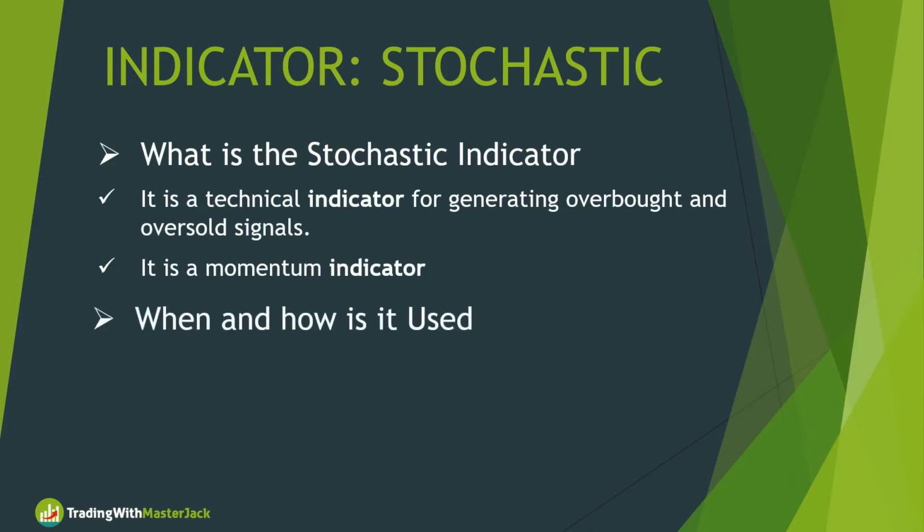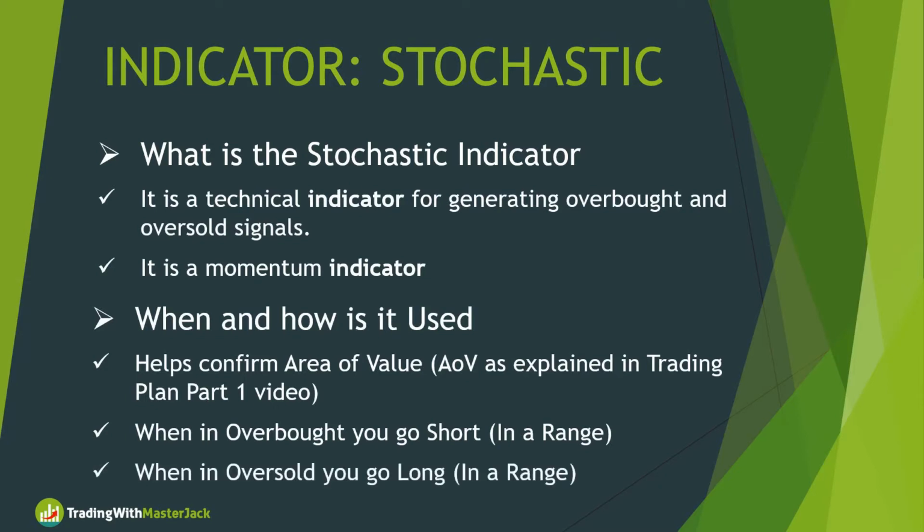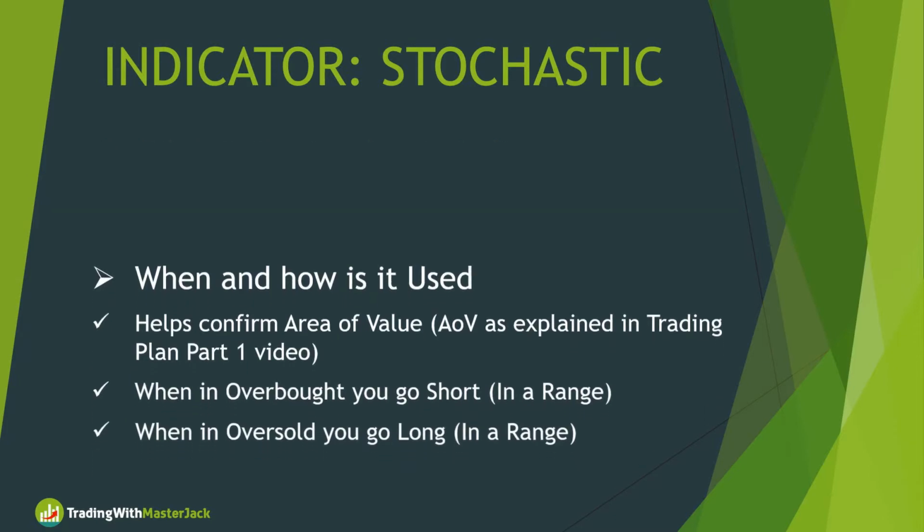When and how is it used? For me, I use it to help confirm when I'm in an area of value, as I've explained in the What Is a Trading Plan Part 1 video when using area of value. So the rule is generally when overbought you go short in a range, and when oversold you go long in a range.